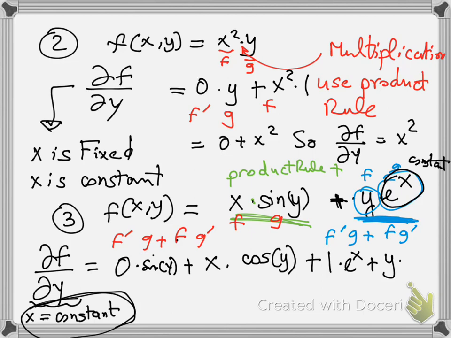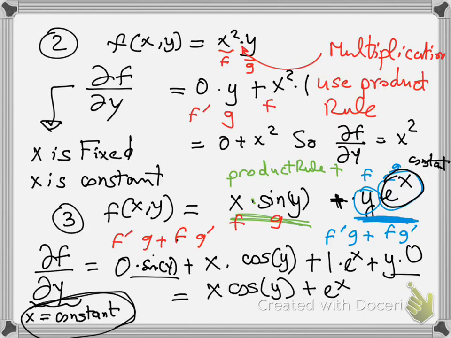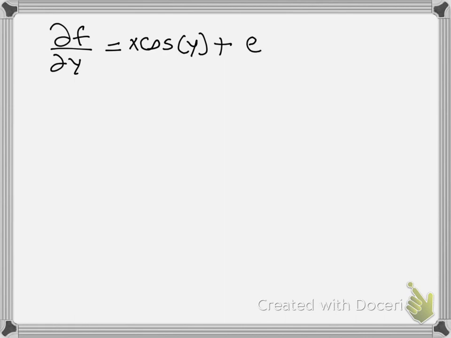So it's y times 0, which is 0. So it's going to be x cosine y plus 1 times e to the x. So partial f, partial y is equal to x cosine y plus e to the x.